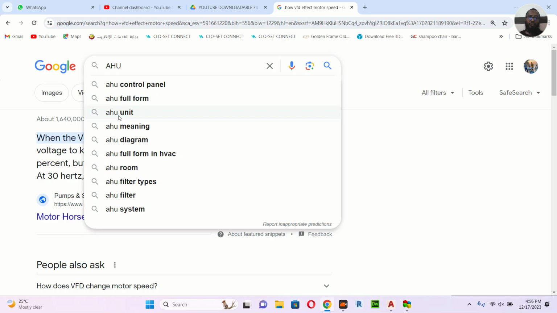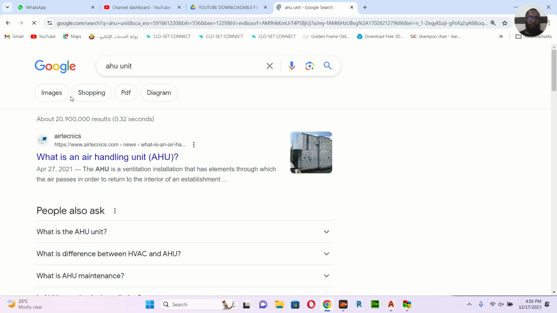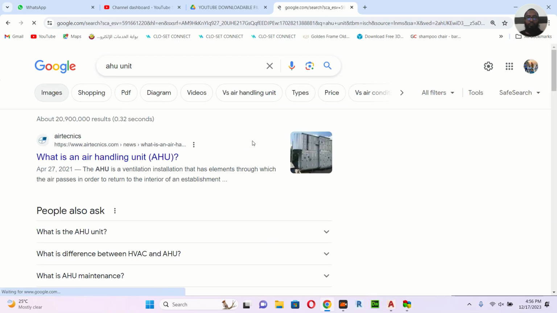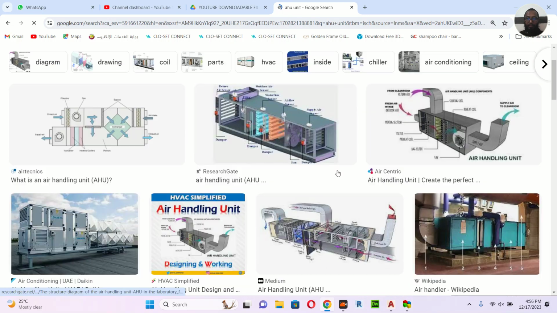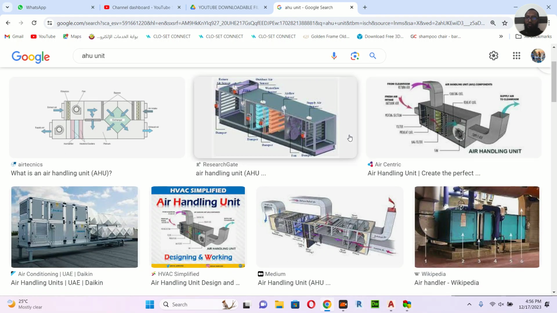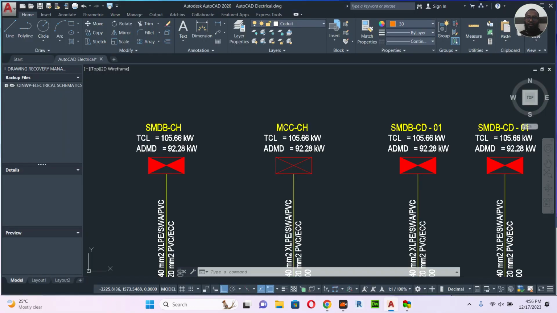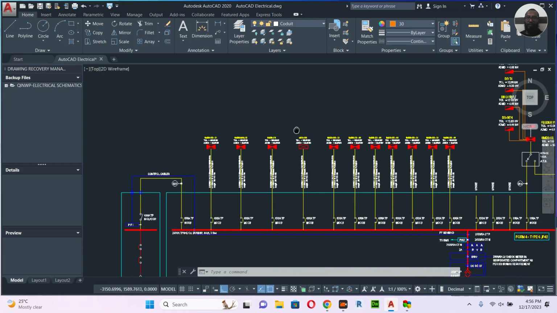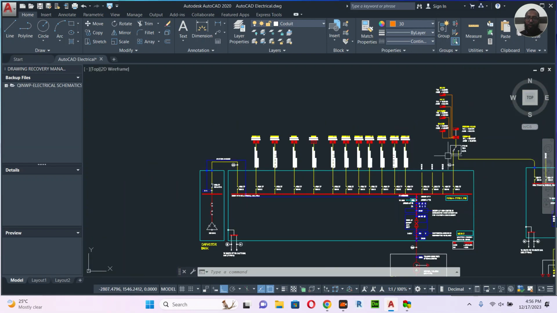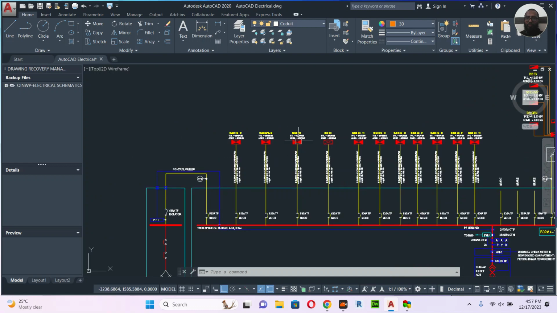You type AHU, and if you go to images, this is the AHU. Let's consider it a bigger size AC unit, which can cool a very big building at one time. It has many ducts connected. I will explain when I am doing some other subject. I may explain you. So this is hall. So I don't want to.